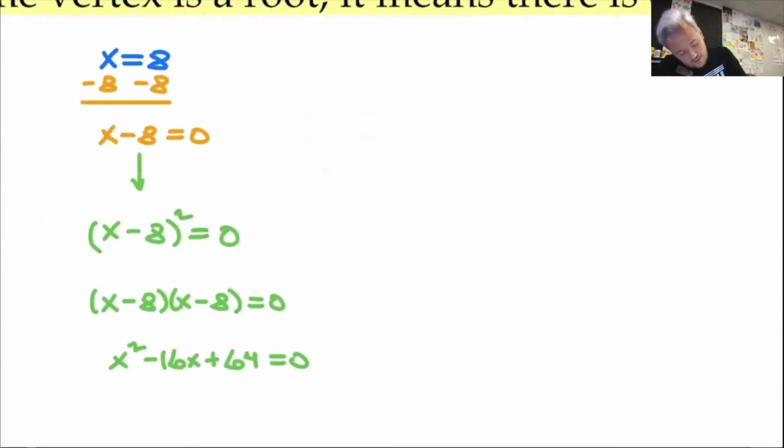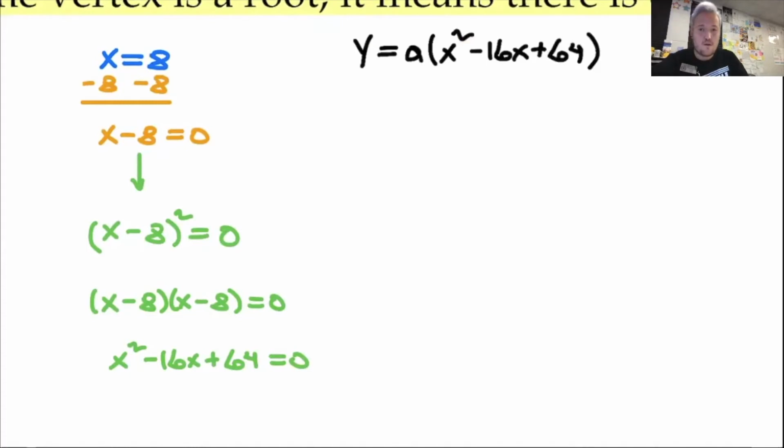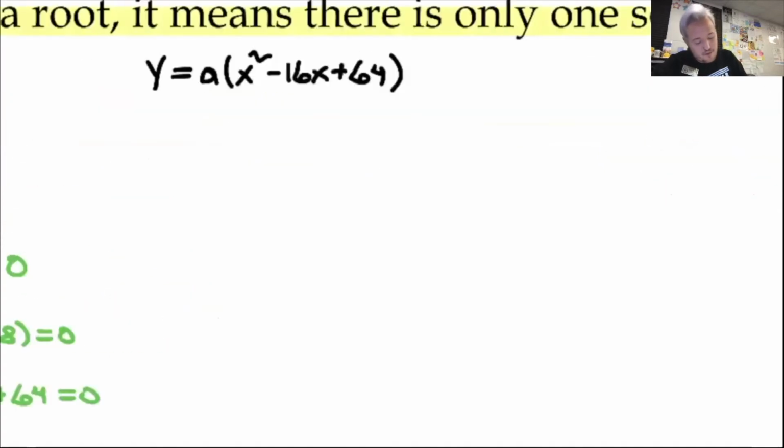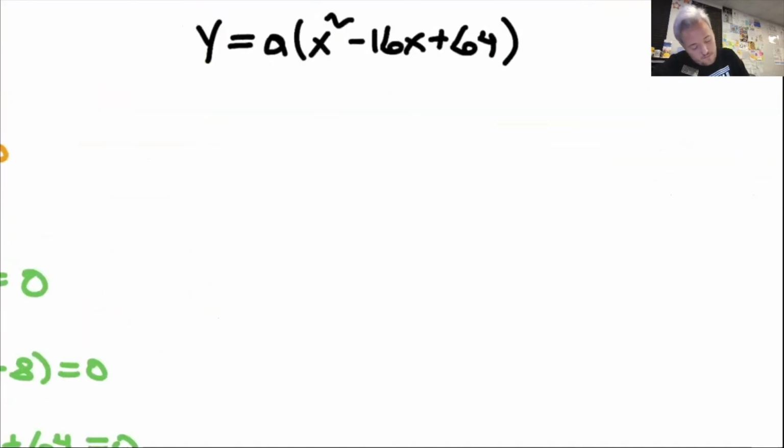So we're going to have y equals a times (x squared minus 16x plus 64). They only give us that 1 point, (5, 9), so that's what I have to use. Plug in 9 for the y and 5 for your x.